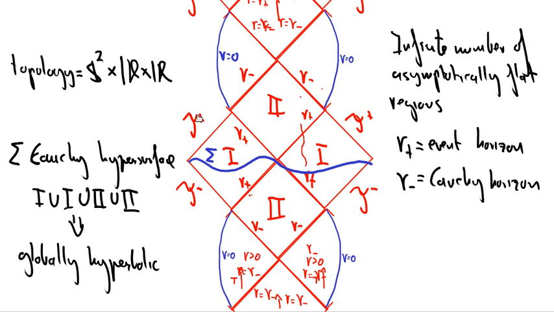Just remember that infinity is not a region of the space-time itself. It's a region of a conformal extension, so we cannot speak of this as a subset of the space-time. But r minus and r plus are regions of the space-time.